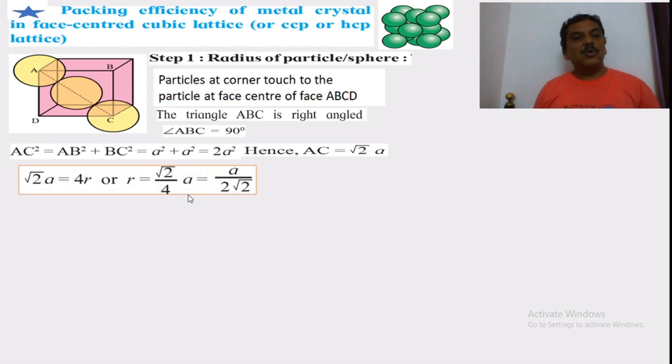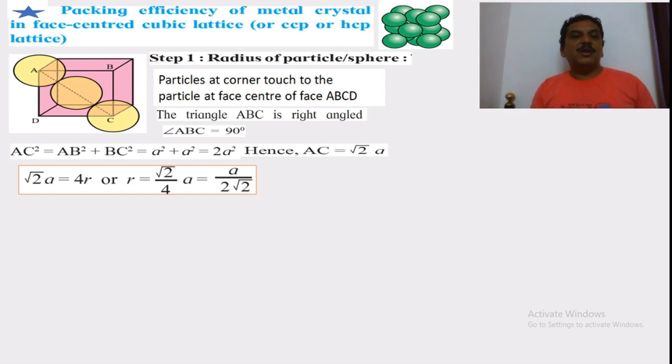We can write 4R is equal to root 2 a, or R is equal to root 2 upon 4 a, which is a by 2 root 2. Hence remember this relation: R is equal to a upon 2 root 2. If we calculate the value, we get R is equal to 0.3535a.